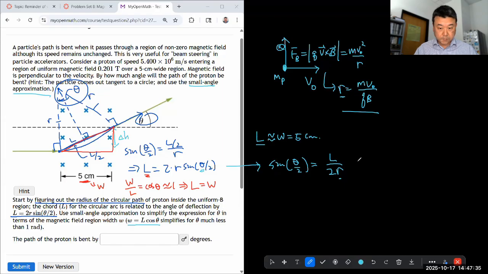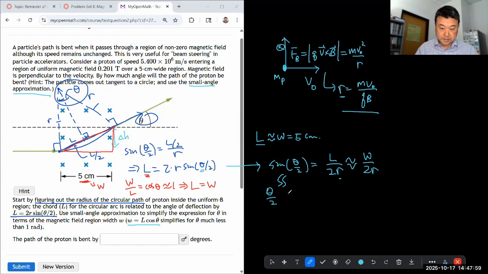With the small angle approximation, it simplifies my expression in two ways. One, I can say this is approximately equal to W over 2r instead of the unknown L. And the left hand side gets simpler. I can say this is approximately equal to theta over 2, where theta will be in radians. So I'll have to do that conversion at the end.